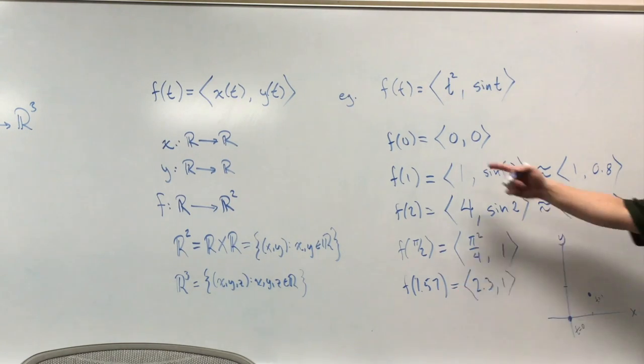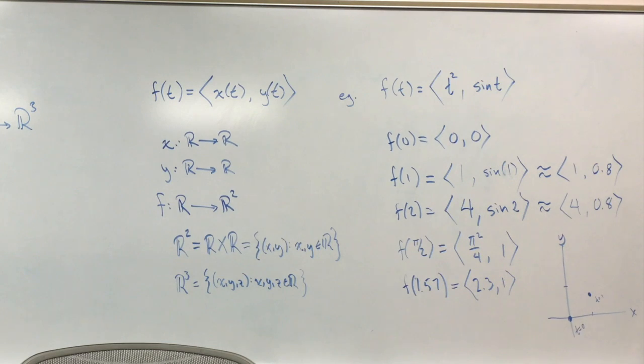Pi over 2 is between 1 and 2, so I would get 2.3 and 1 or so. This is when t equals 1.57. When t equals 2, I get something more like over here at 4 and 1.8, we'll say.